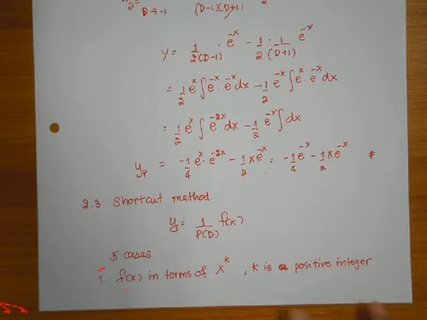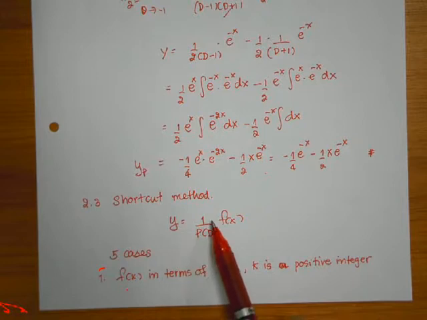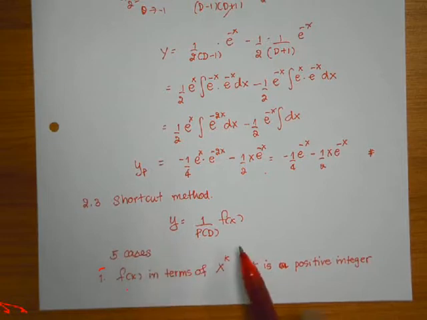Okay? So when we write down our differential equation in the form y equals 1 over P(D) f(x), with this method that we call shortcut, we are going to divide it into 5 different cases.